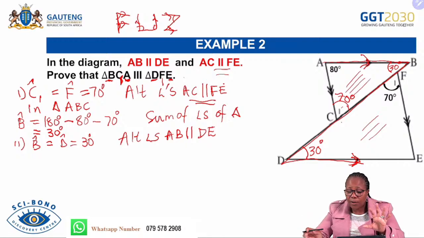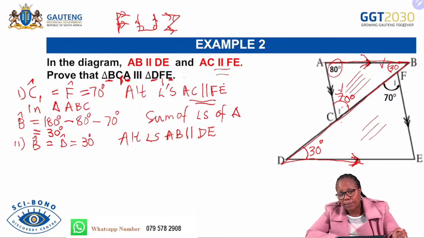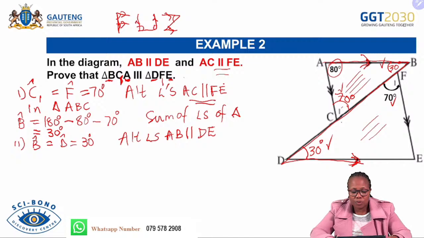It's obvious now that in triangle DFE, E will be equal to A, which is 80 degrees, even if we don't calculate that. Even if we did not have that 80, we can conclude that A is equal to E. Why? Because we already have two angles on those particular triangles that are equal. Obviously, the remaining one must also be equal.